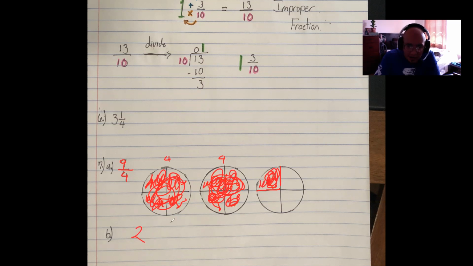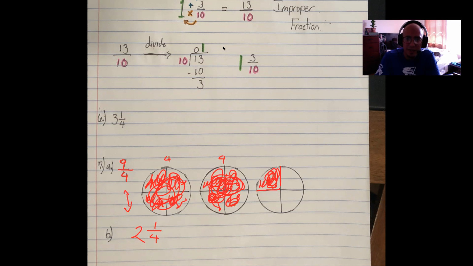And I have 1 more slice out of 4. Because 1 out of 1, 2, 3, 4 slices. 1 out of 4 slices. And so right here, what we're saying, guys, is that 9/4 is the same thing as 2 and 1/4. 9/4, so 9 slices, where 4 slices makes a whole, is the same thing as 2 and 1/4.